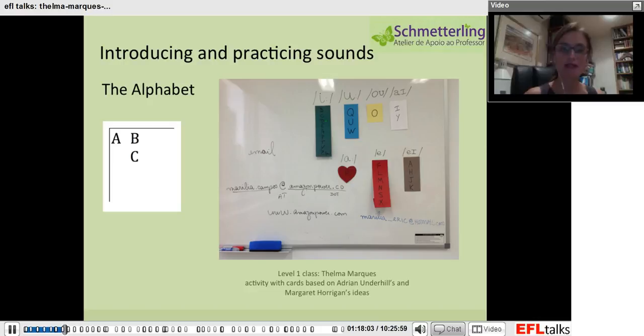They all have the sound long E, the same vowel sound of the word green. For Q, U, W, the color is blue. The sound is long U. So when you correct students, you don't say anything. You just show the card with the symbol and the color, and the student can correct themselves.